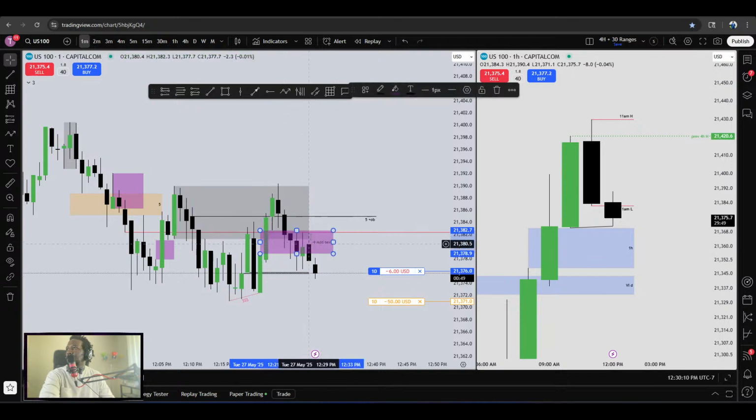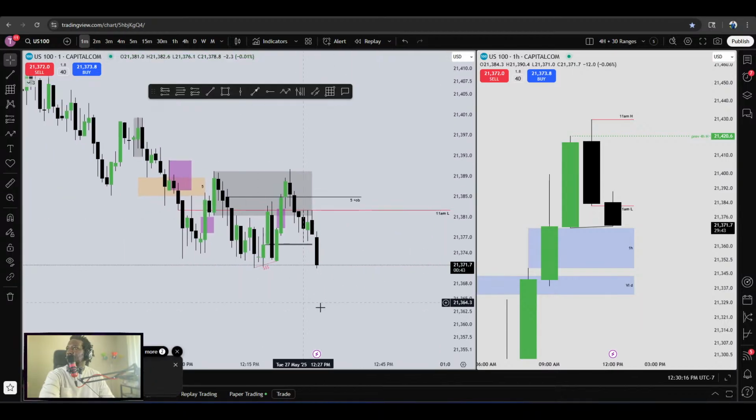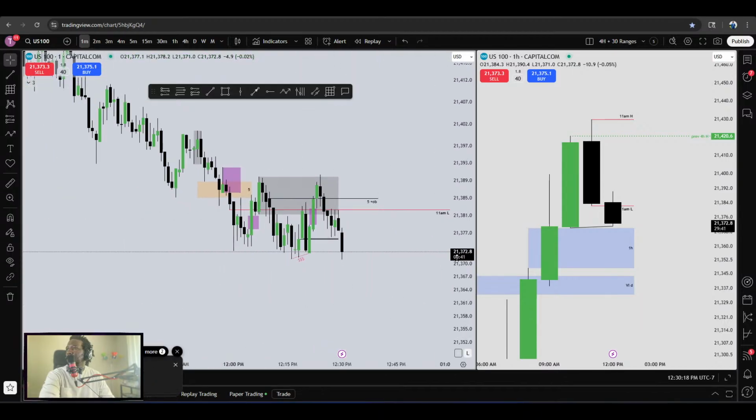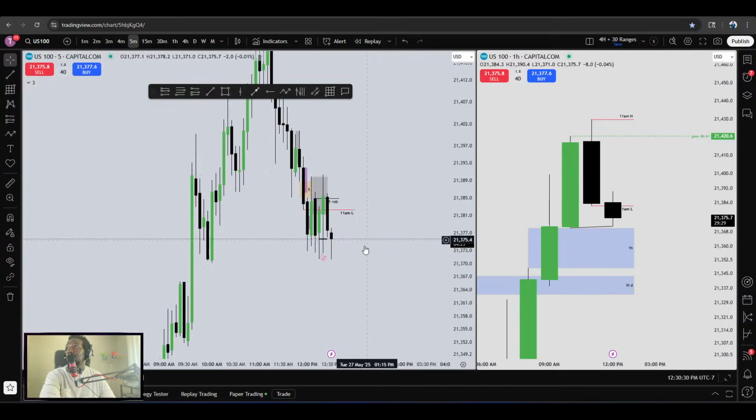That is now offering resistance, and we have taken that low. Okay, that was just a small trade to test the waters. So now if we just shoot up and let's go, that would be nice. Nah, that might have just added to that.